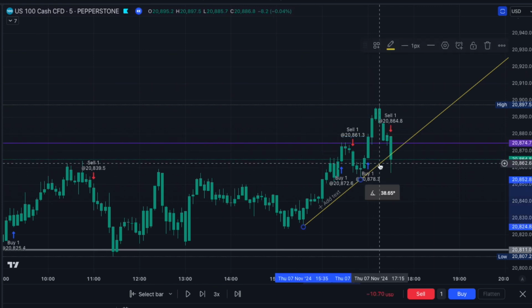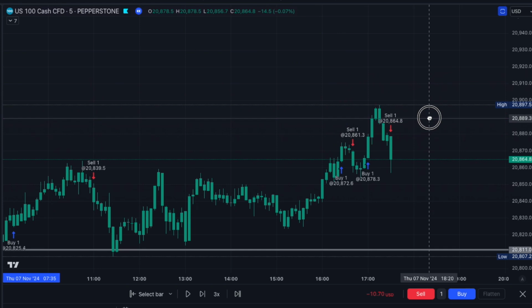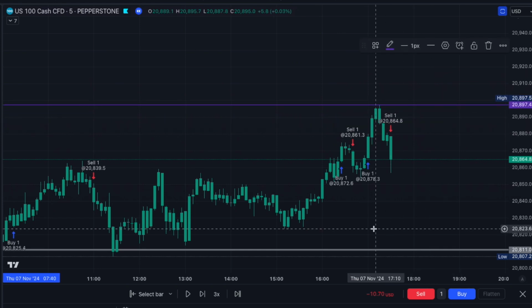Doesn't bother you. These small losses, that's totally fine, because eventually one big move to the up will come and just brings you all your losses back. That's the key. Okay, the second trade didn't work.